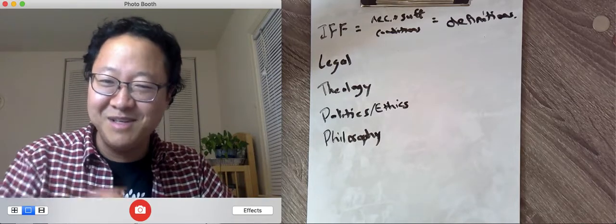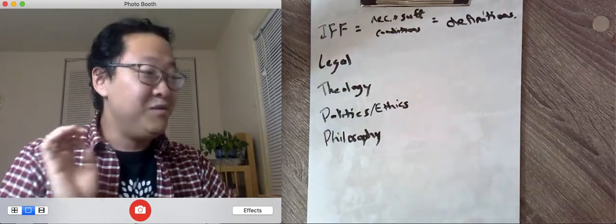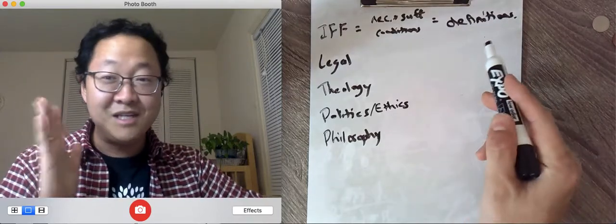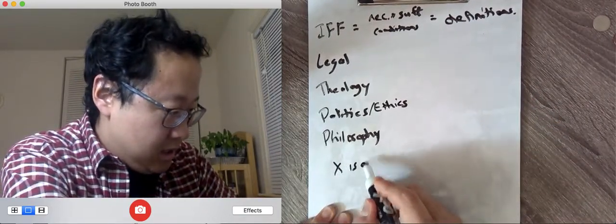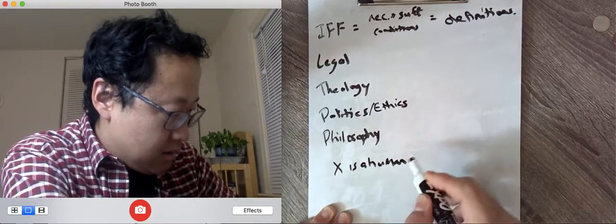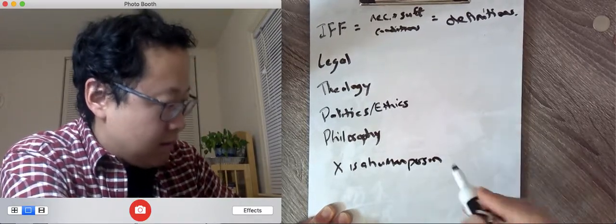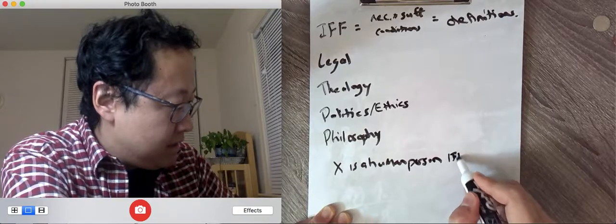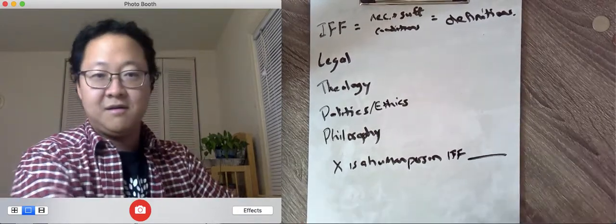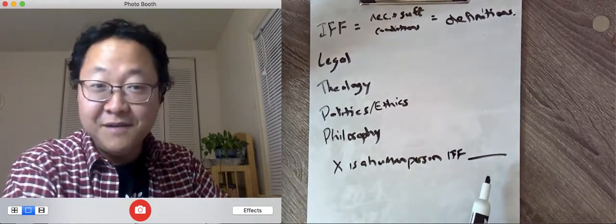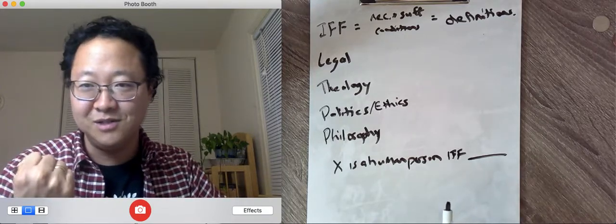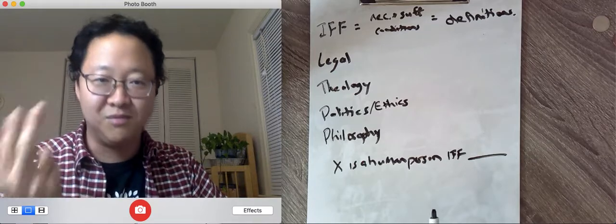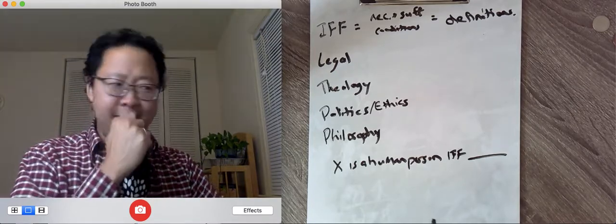What does it mean to be human? If we want necessary and sufficient conditions, we want the definition of being a human. So we might say X is a human person if and only if blank. Getting a definition of that is going to be really important for how we understand other ethical issues like euthanasia or abortion and so on.